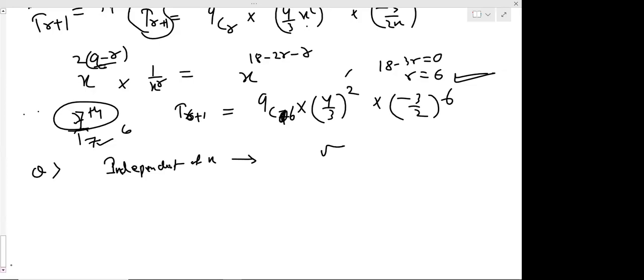Find the term independent of x in (6th root of x minus 1 upon cube root of x) to the power 9. This is the first one.